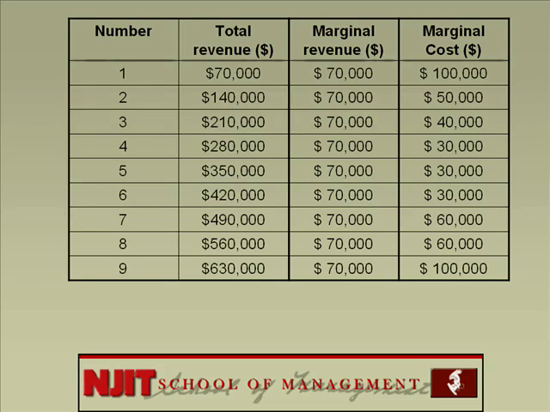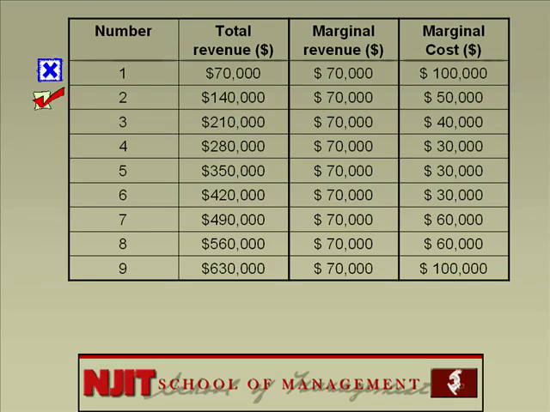Let's do it step by step. How about making 1 unit? Not a good idea, because the marginal revenue is 70,000, but the marginal cost is 100,000. So the additional cost is greater than additional revenue. 2 units? It could work because the incremental revenue is 70,000. The incremental cost is 50,000.